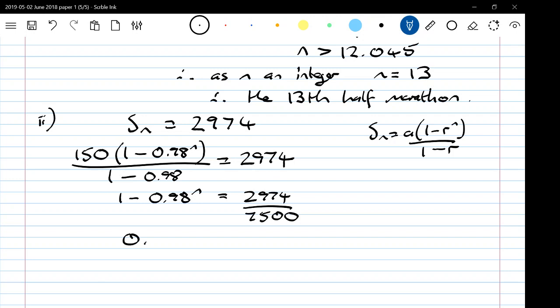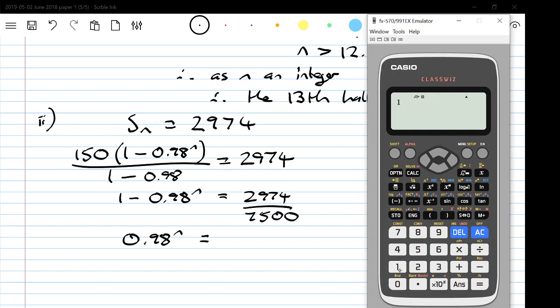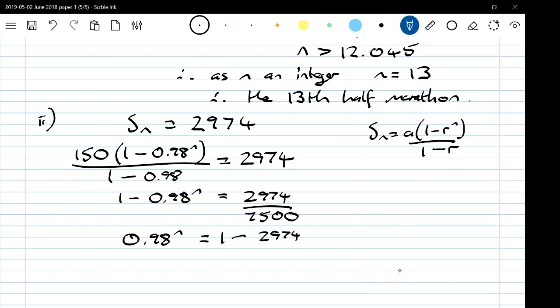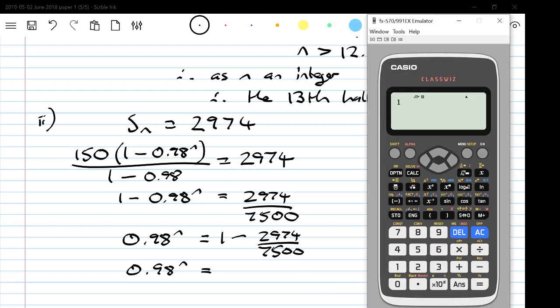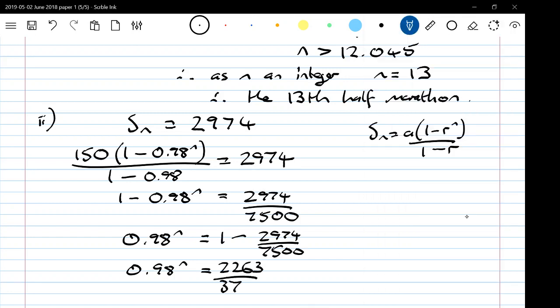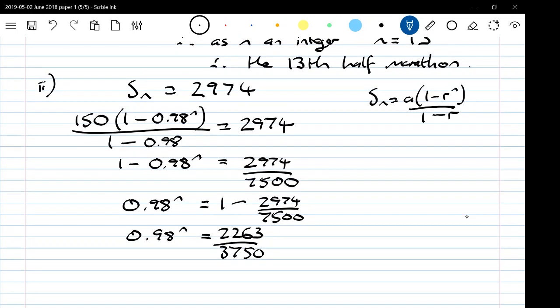Rearrange that and I get 0.98 to the n is 1 minus 2974 over 7500. That is 0.6 something. I'm going to write it as a fraction, 2263 over 3750. So we're going to take logs of both sides.